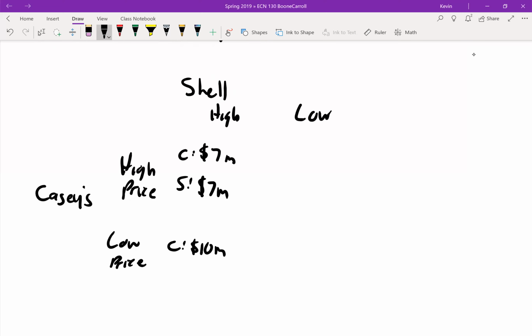So they maybe get $10 million of profit, while Shell is left with, say, $4 million. And vice versa, if Shell goes low and Casey's stays high, Casey's gets $4 million, while Shell will get $10 million. And if they both go low, they both end up with, say, $6 million.